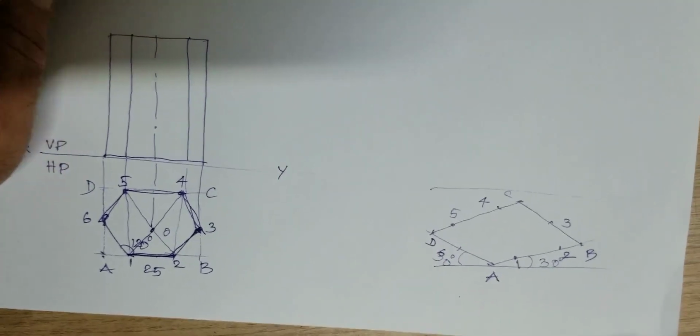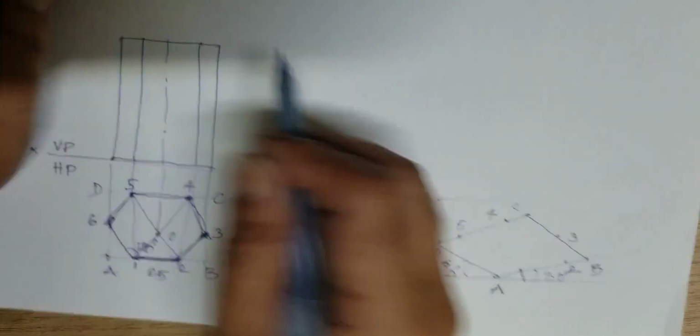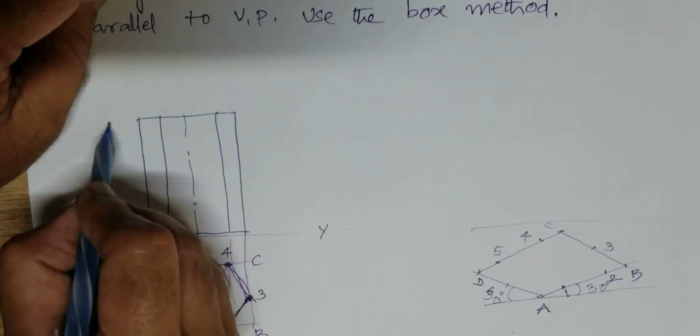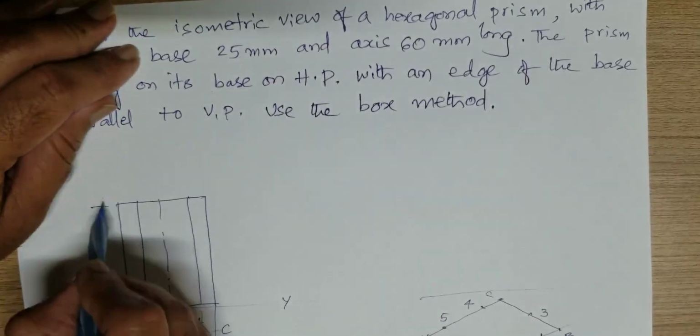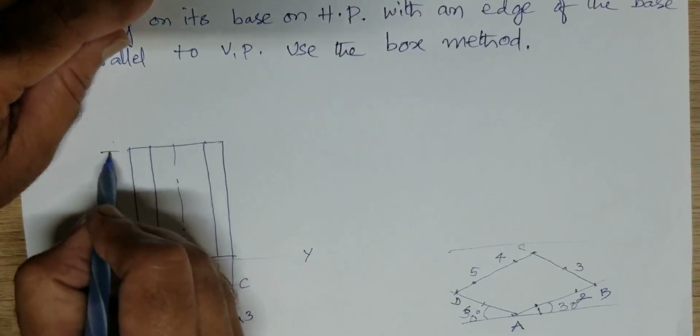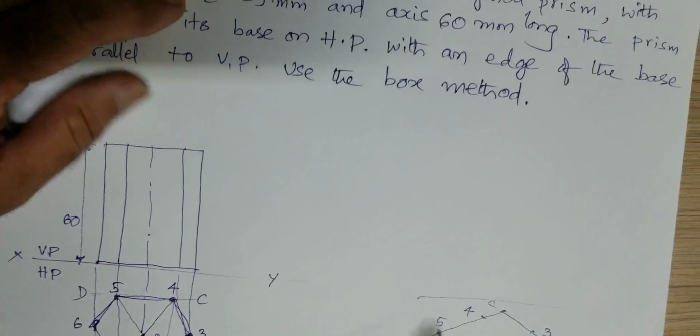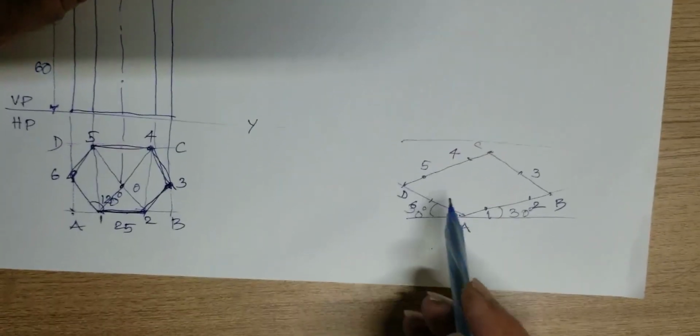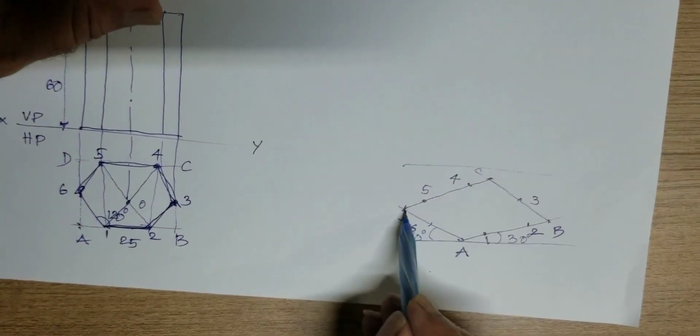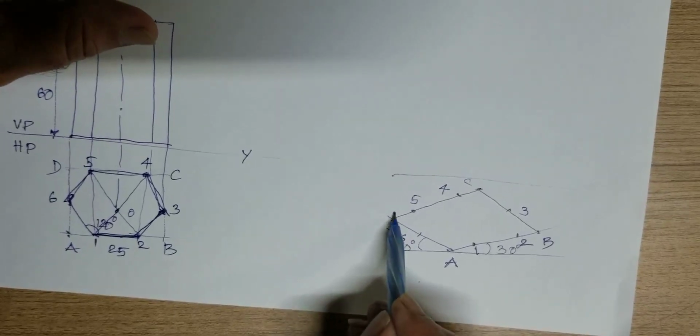Now, you know the height of this one, because this height is equivalent to, yes, he is saying 60. You keep 60 over here, right? Measure the 60 from here. You just see how I am writing. You measure the 60 from here.